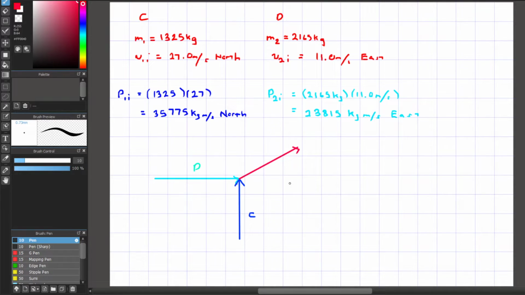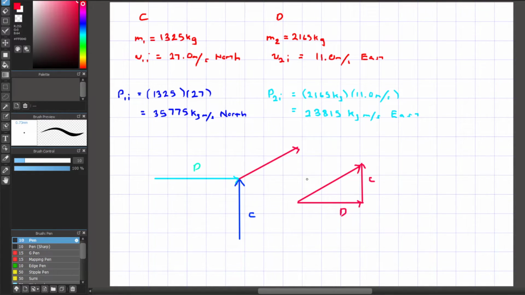This might look familiar because if we combine the arrows in a different way, let me draw D first, and I'll draw C second, and then look, this looks like a right triangle. And of course, if we have a right triangle formation, we can find the hypotenuse by using the Pythagorean theorem.